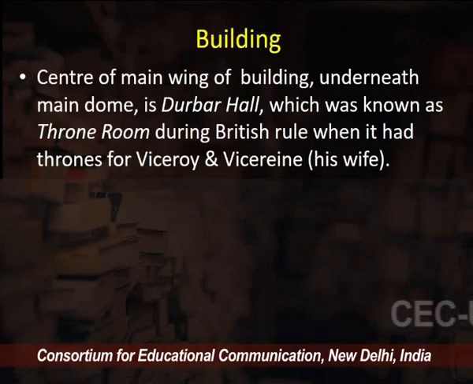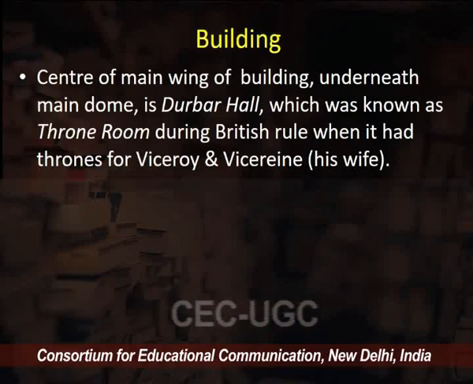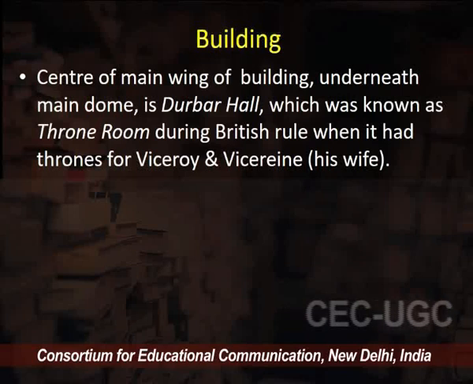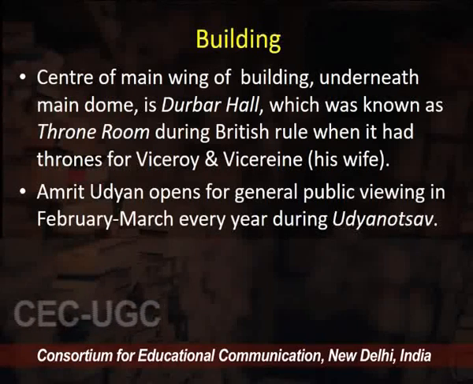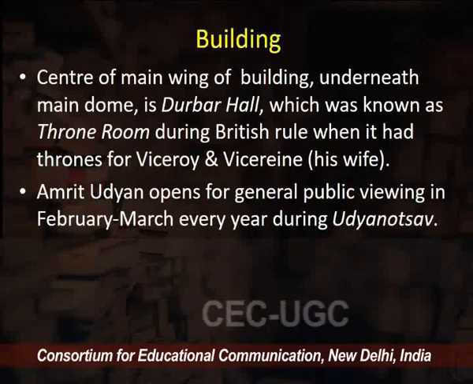And we also find that the center of the main wing of the building, underneath the main dome, is the Darbar Hall, which was known as the throne room during British rule, when it had thrones for the Viceroy and the Viceroy's wife. And Amrit Udyan opens for general public viewing in February-March every year during the Udyanotsav.